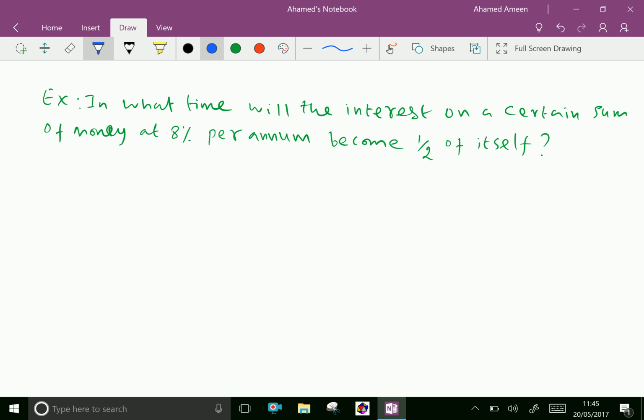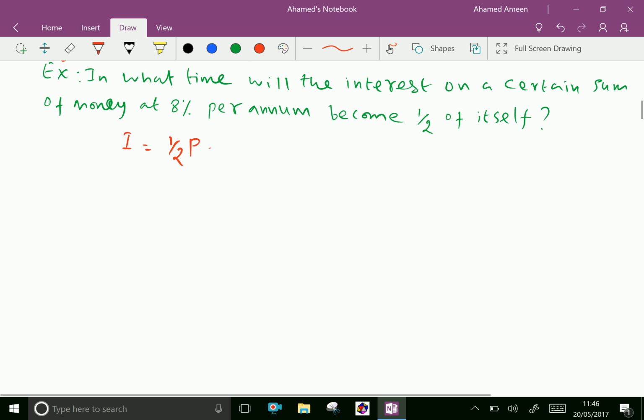One more example. In what time will the interest on a certain sum of money at 8% per annum become half of itself? Interest is here half of principal P, and rate percent equals 8%. What is the time?